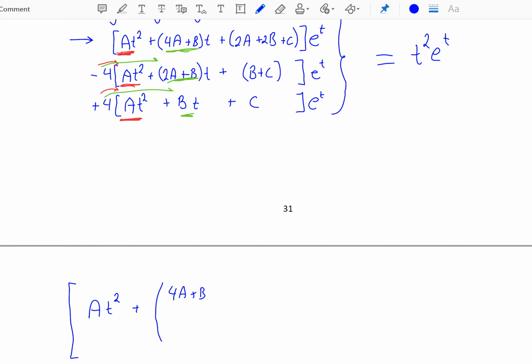And if I multiply this negative 4 in, I think it'll be minus 8a minus 4b. And if you multiply this bottom 4 in, I think it'd be 4b. And these will all be with that t term.